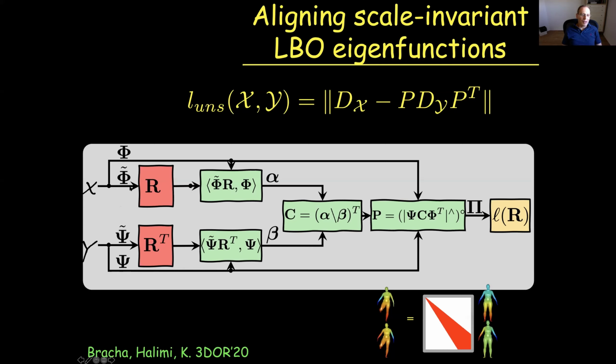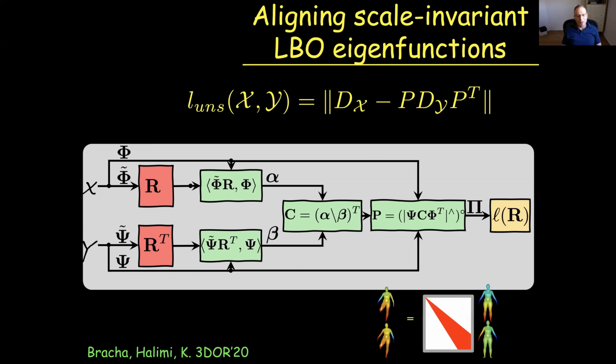Remember that if I would like to ask what would be the relation between the scale invariant eigenfunctions of x and y, there should be something very similar to a rotation matrix. Rotation in the large sense, you can also flip the sign of the eigenfunctions so that you would be able to match the phi and the psi tilde in the best possible way.